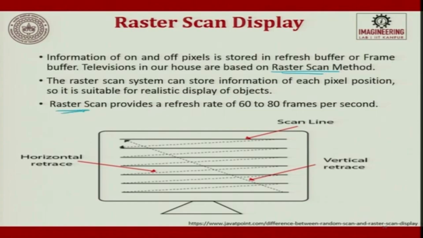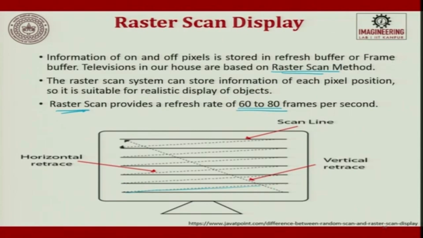The raster scan provides a refresh rate of 60 to 80 frames per second. When you do 60 to 80 frames per second, you will not realize that there is a cut between the first frame and the next frame. So, this is the horizontal rastering which goes. This is what is horizontal.